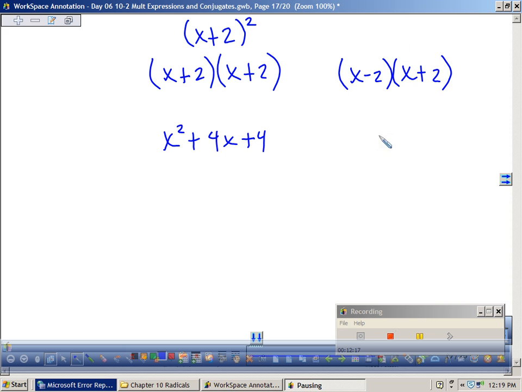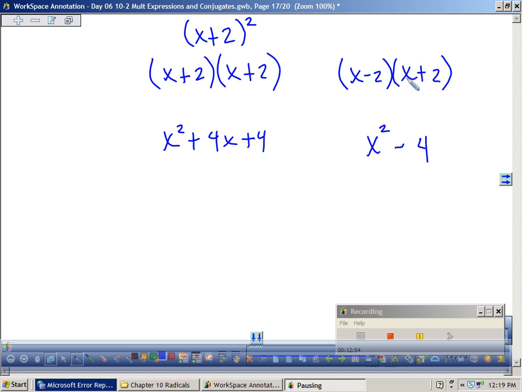How would I figure this out? You guys should know this without even having to multiply them. The difference of 2 squares is really just the first term squared and the last term squared, and what goes in between them? A negative sign, the difference of 2 squares.